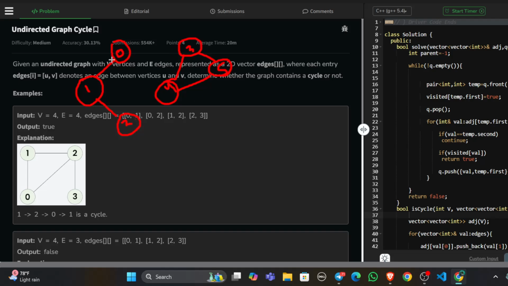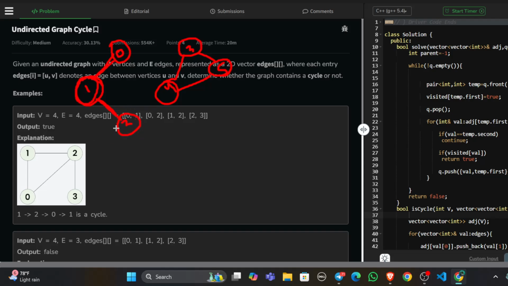Suppose we have to start with zero. We go on this, we go on this. Initially we check the mark, and if it is not marked, we will visit it.